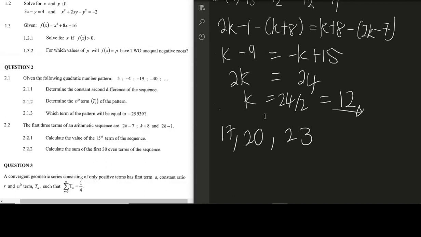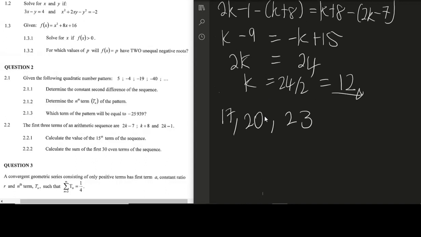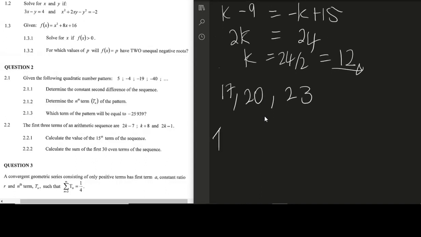So now let's write down our nth term. Tn, we know the general formula is a plus d times n minus 1, where a is the first value of the sequence. So in this case, it should be 17.